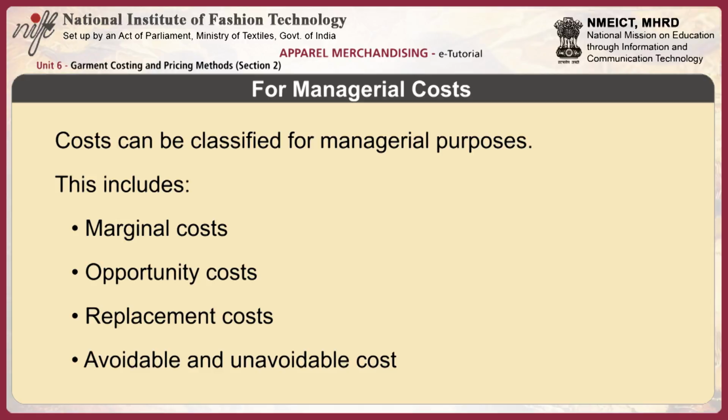Opportunity cost is the cost incurred by foregoing a particular opportunity. Similarly, replacement cost is a cost incurred for replacement of an item, a person, or a resource. And finally, we can also have avoidable and unavoidable costs.